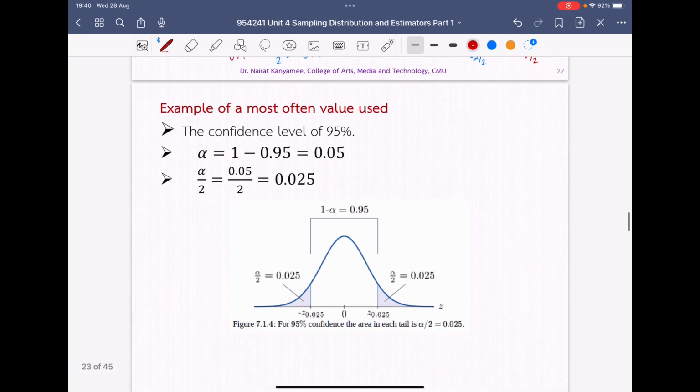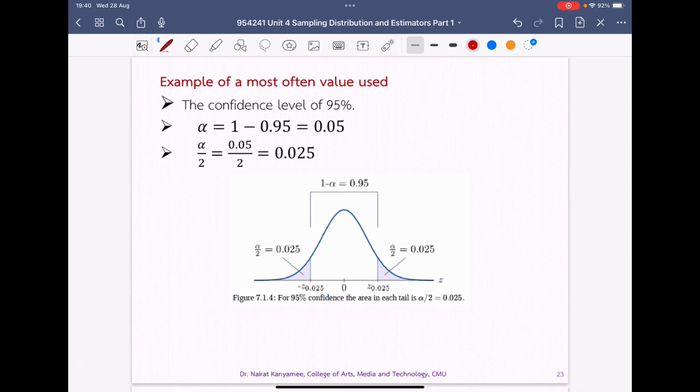Example of the most often used value. Usually for the confidence level, we use 95% a lot. 99, 90, 95, we use a lot. If the confidence level is 95%, it means that 1 minus alpha is 0.95.